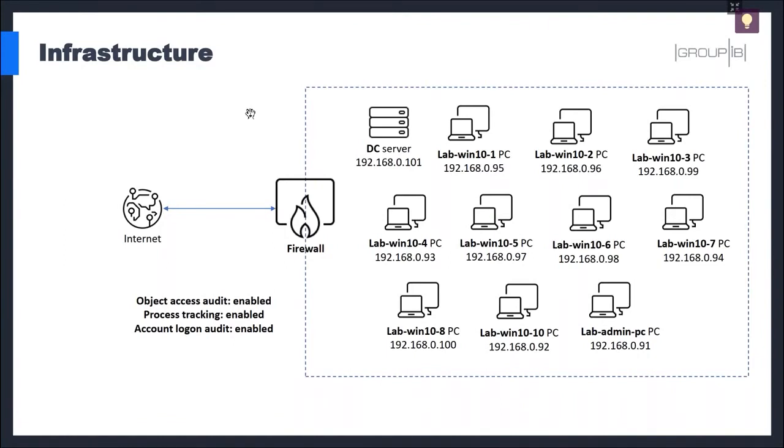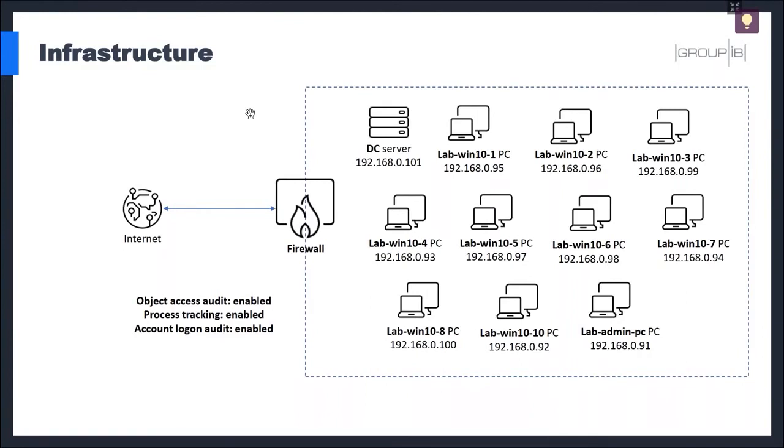So it's very interesting how the incident took place, and the very important part is to mention what the domain configuration or the group policy configuration is. First of all, it's object access audit, process tracking, and account logon audit. All those policies are enabled.